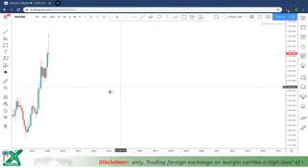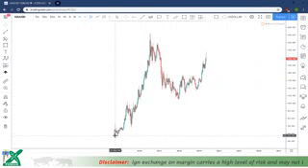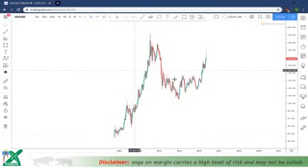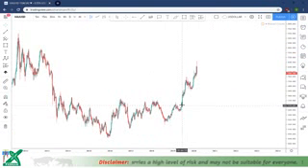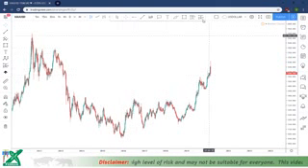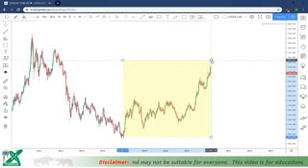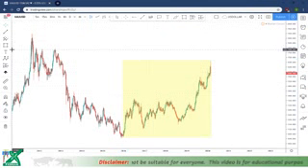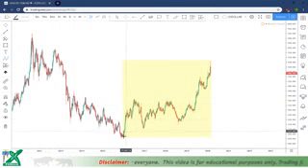If we go to the monthly chart on gold, as you can see, the market is trending up, but the price action is not that much, so we will go to the weekly chart. In the weekly chart, from this swing low till this swing high, as you can see, we get higher highs and higher lows.